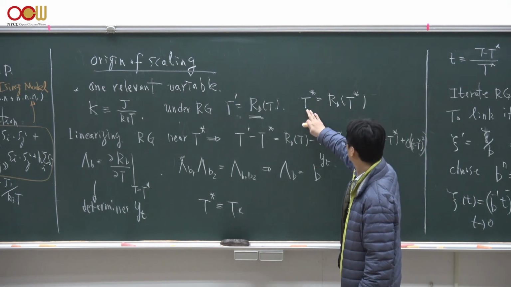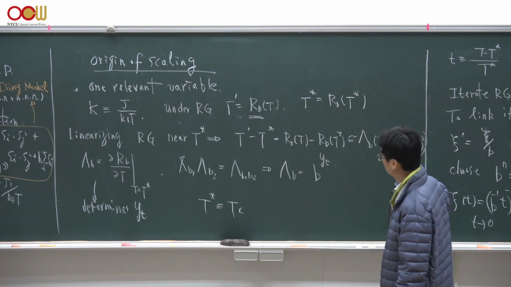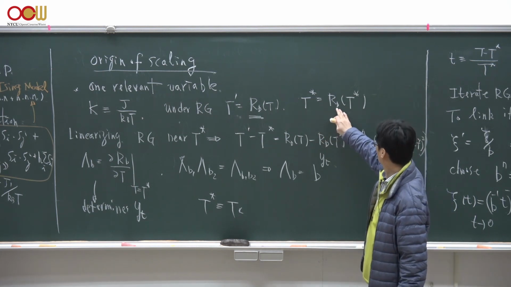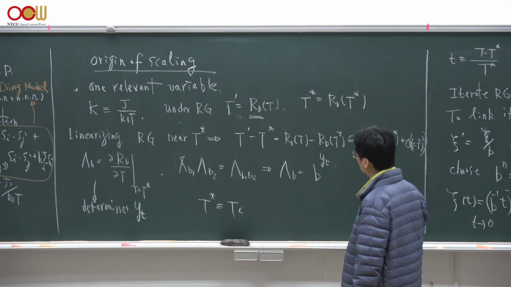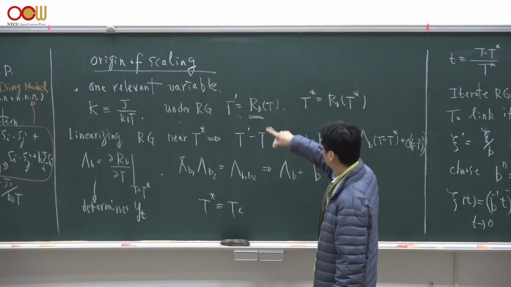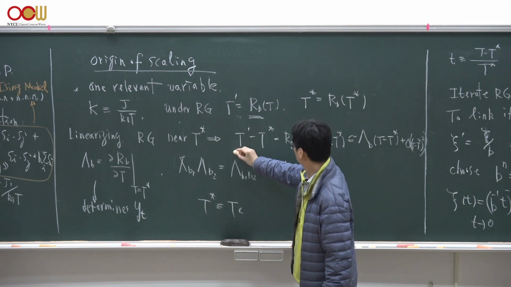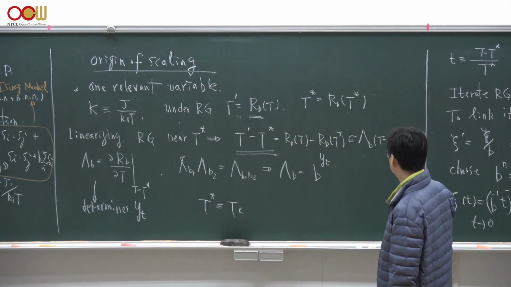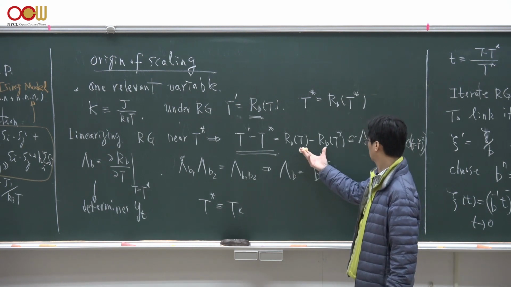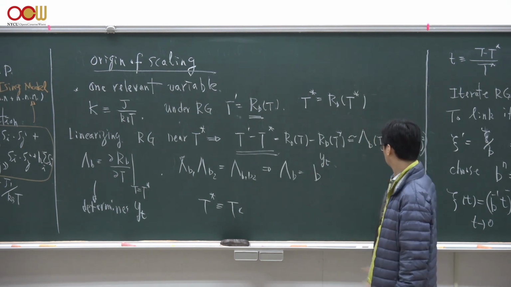And T star is the fixed point temperature, or the critical temperature, where you don't change that value under RG. So we can linearize this RG relation by subtracting T star from T prime, given by the difference between these two transformations.